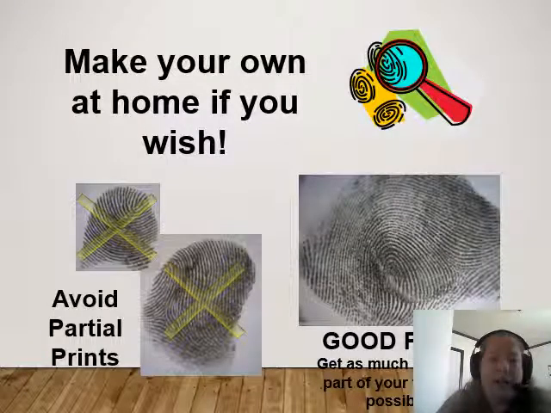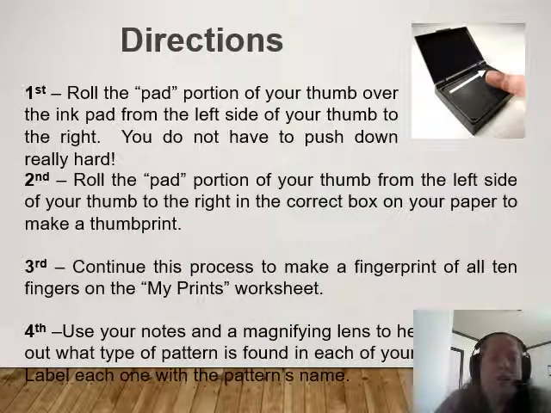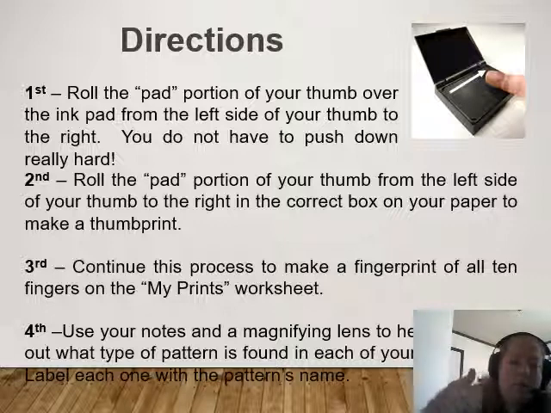Then if you would like to look at your own fingerprints at home, all you really need to do is follow the directions on the next slide, and you can make your own. So you would roll the pad part of your thumb over an ink pad from left to right.